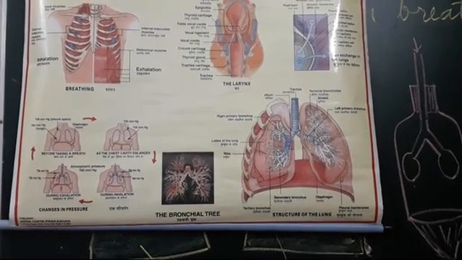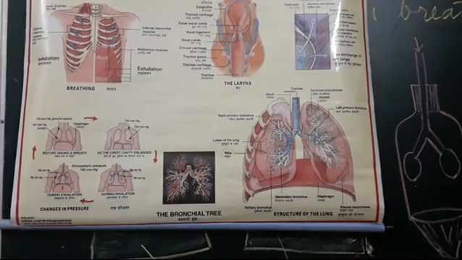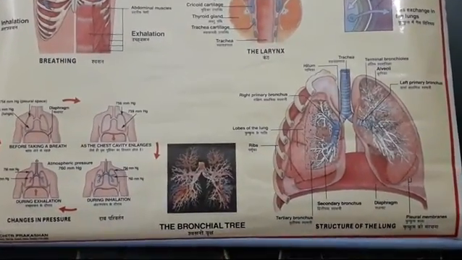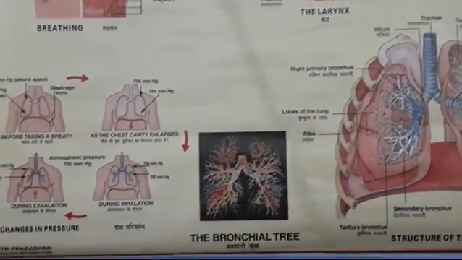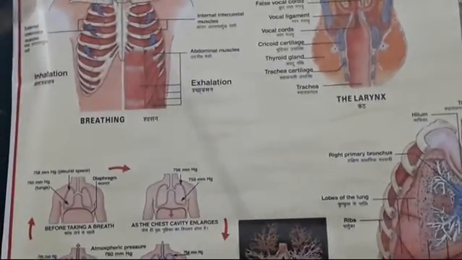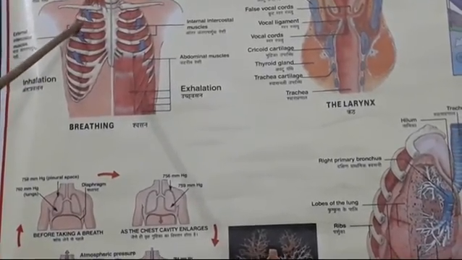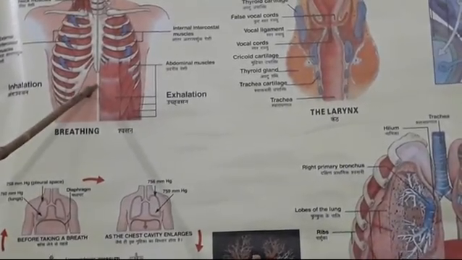And next we will see about expiration or exhalation, which is the result of reverse movements of the ribs and diaphragm. As I have said, in inhalation the ribs move upward and outward, and the external intercostal muscles between the ribs get stretched, and that's why it increases the chest cavity.